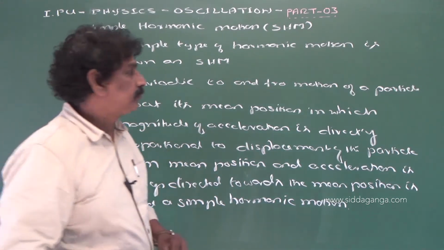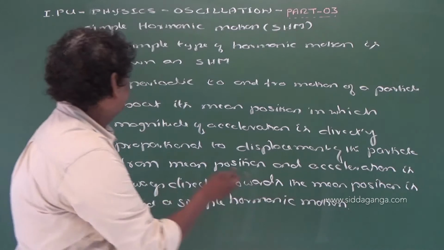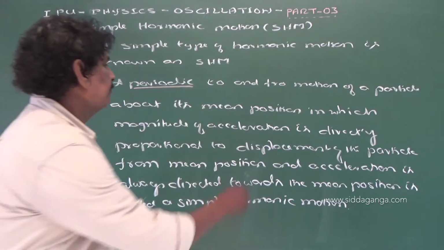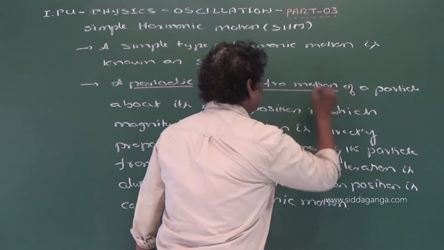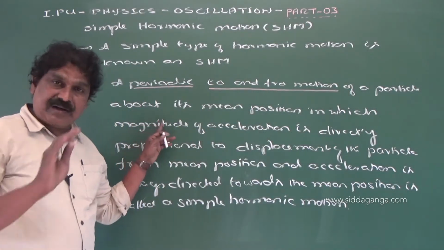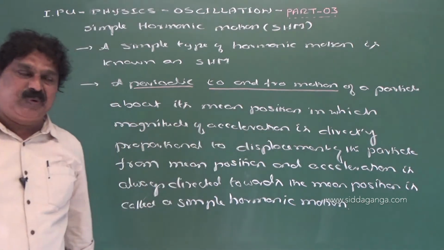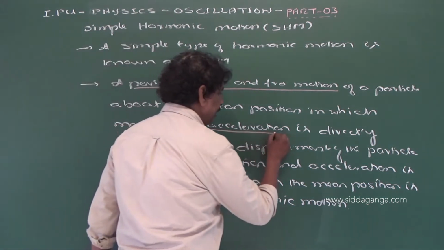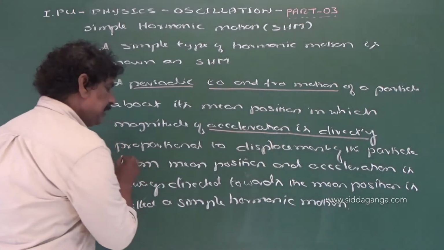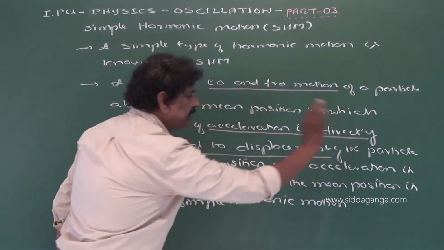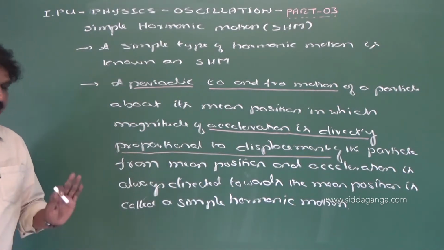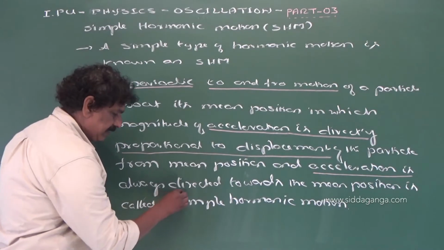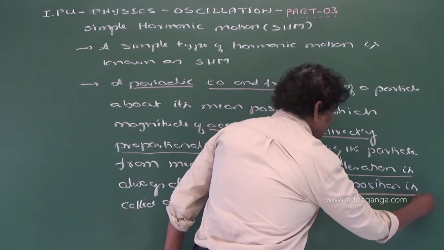So here the important terms are periodic to and fro motion of a particle about its mean position, in which magnitude of acceleration is directly proportional to displacement of the particle from the mean position, and acceleration is always directed towards the mean position.